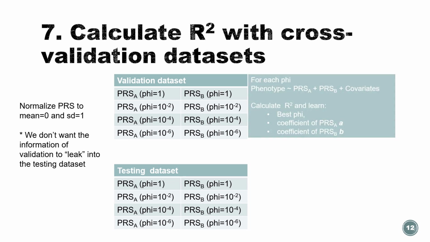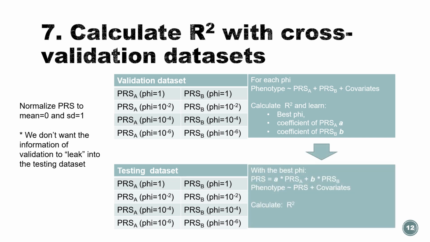For each phi, you predict the phenotype with the normalized PRS-A and the normalized PRS-B and get the R-squared. You compare R-squared from each phi and learn the best phi and the coefficient of the two PRS under that phi. Then in the testing data, you calculate the final result.